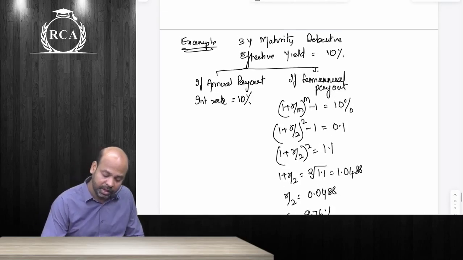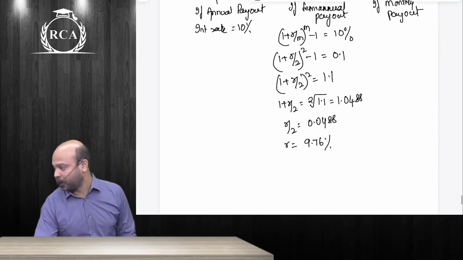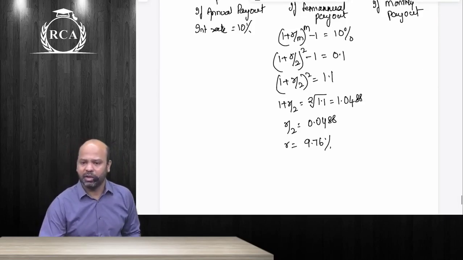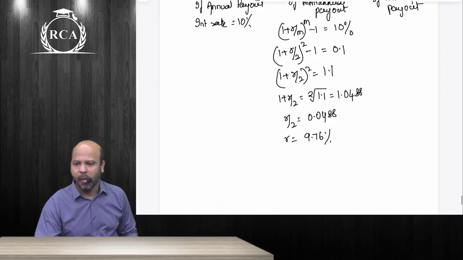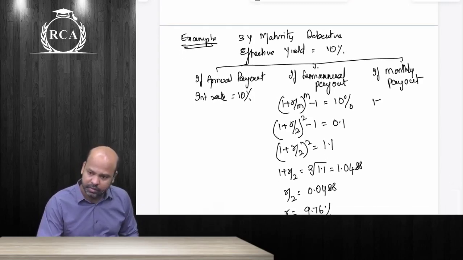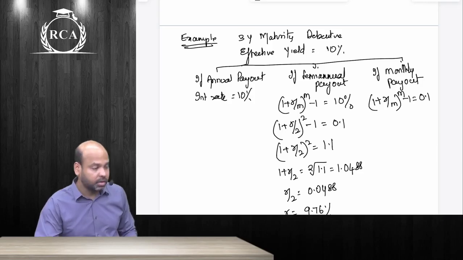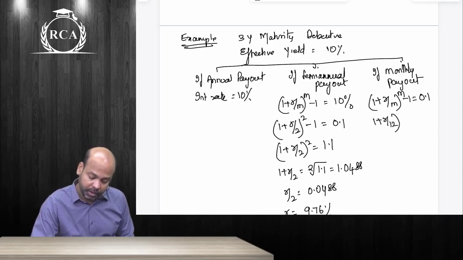Now the same thing if it is on a monthly basis. If there is a monthly payout, guys, did you write this 9.76%? Now if it is on a monthly basis, what will be the effective return? (1 + r/m)^m - 1 is still equal to 0.1, 10%. (1 + r/12)^12 - 1 = 0.1.